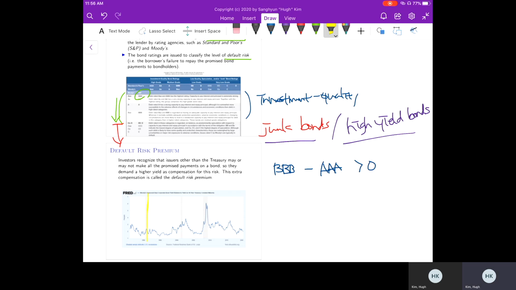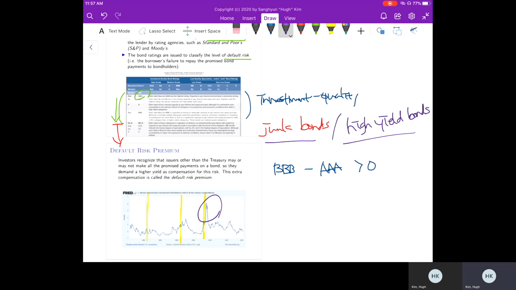The shaded areas indicate recessions, and this is the most recent financial crisis in 2008. As you can see here, the default risk premium increased dramatically here, as investors sell risky bonds and buy safe bonds.